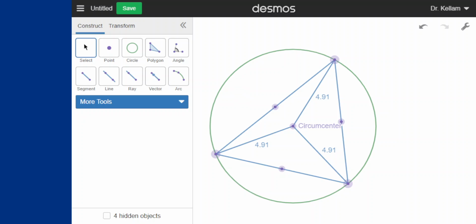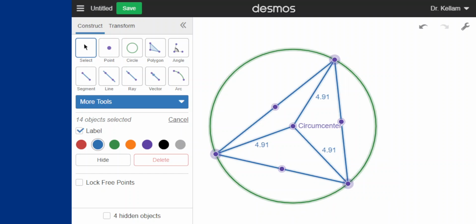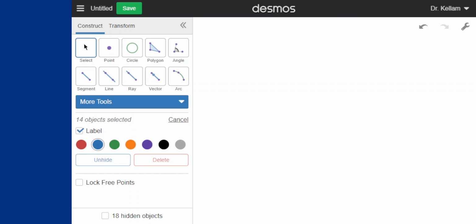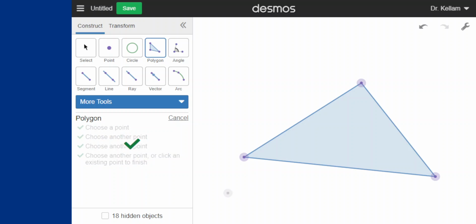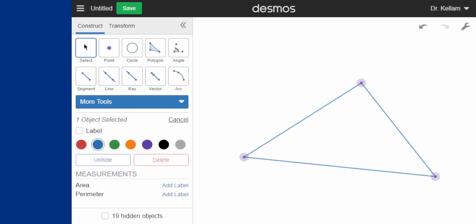Okay, we have one more thing that we're going to talk about here real quick. I'm going to hide that. And I'm going to go ahead and come in here and make just one more triangle. And again, I'm going to go ahead and hide the interior bit. Now this one, we're going to make 3 angle bisectors.